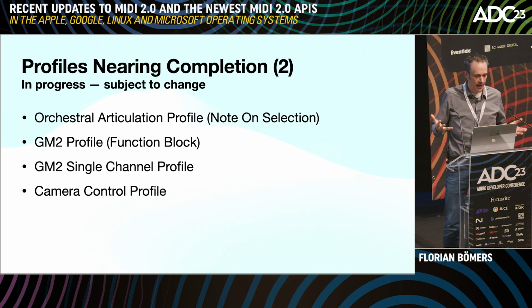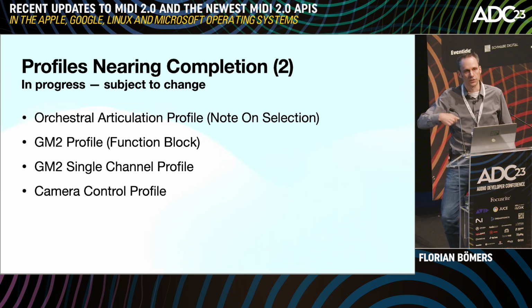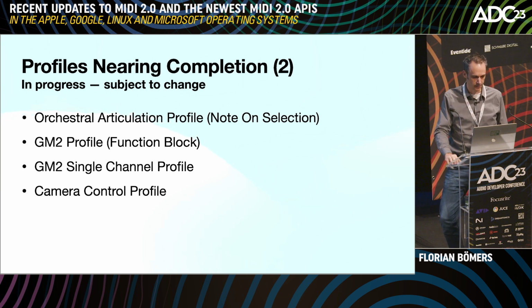So again, as I've given that example with a string instrument, the orchestral articulation profile will say exactly which articulation number will correspond to which articulation type, like staccato or legato.